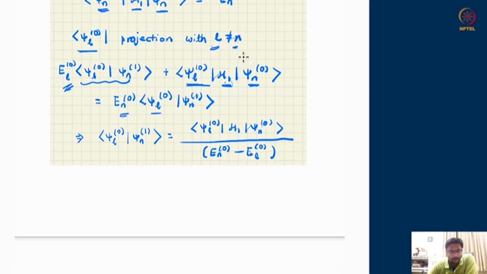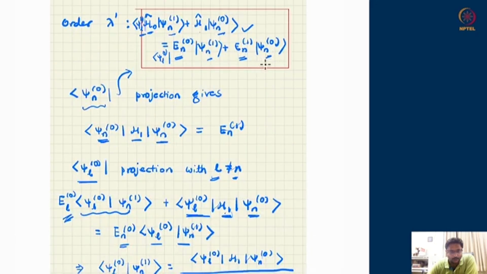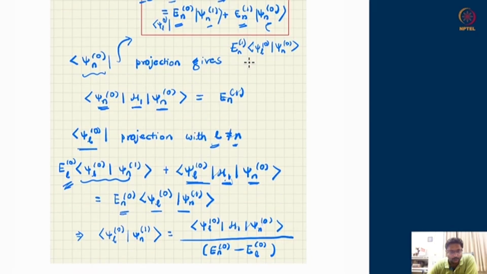The second term, En1, is also a number, so it will also come out, and this psi n0 will be hit upon from the left by psi L0. So psi L0, psi n0 with En1. Now, since these are eigenfunctions of the unperturbed Hamiltonian, which was Hermitian, they are supposed to be orthogonal. Therefore, if n is not equal to L, which we have chosen, this will be 0 because they are orthogonal to each other. So the second term on the right does not contribute.